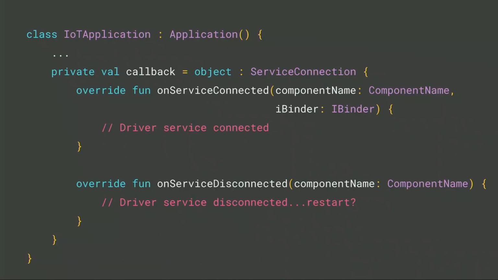In addition, onServiceDisconnected tells us anytime that service stops unexpectedly, maybe because it has crashed or something else has occurred, and at that point, we probably need to take a look at restarting this, especially if it's running some critical functionality on our device. So we now have the information we need to properly manage this functionality from within our applications, which we wouldn't get with started services or other of these more independent mechanisms.